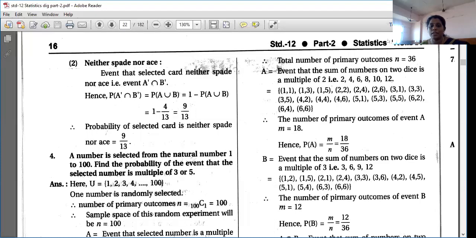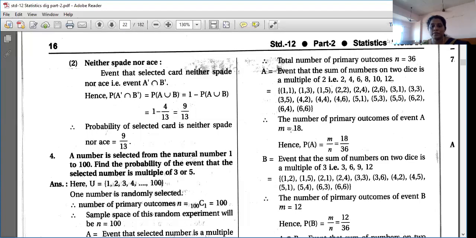Like this we have taken 1, 1, 1, 3, 1, 5, 2, 2, 2, 4, 2, 6, 3, 1, 3, 3, 3, 5, 4, 2, 4, 4, 4, 6, 5, 1, 5, 3, 5, 5, 6, 2, 6, 4 and 6, 6, right? So all these numbers, if you add them, you will get a multiple of 2.